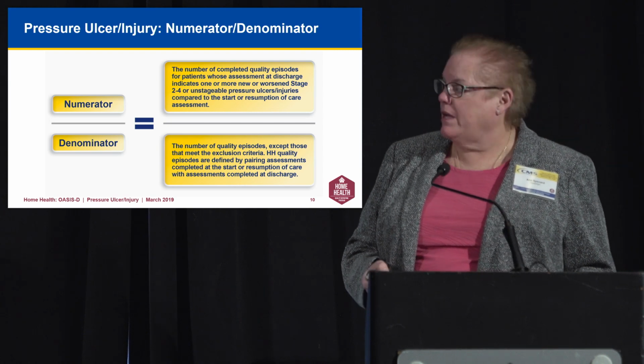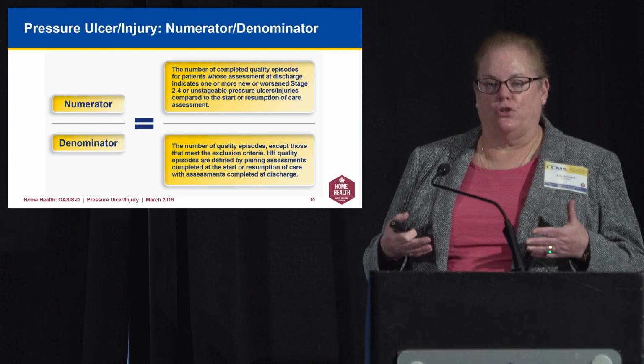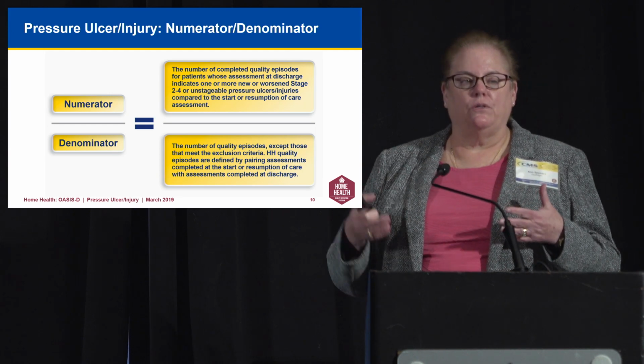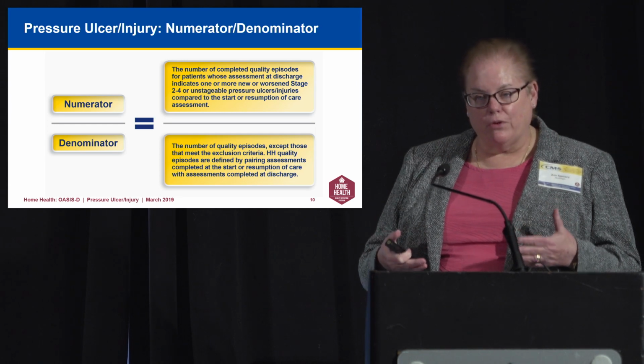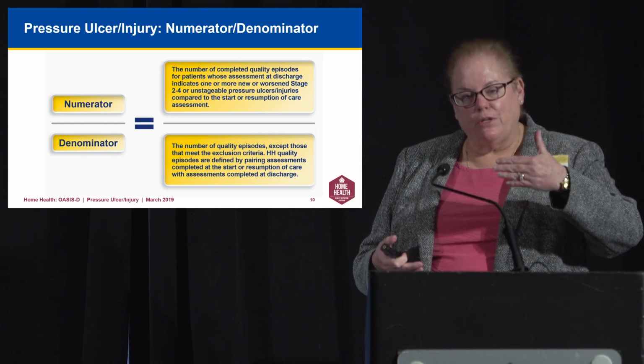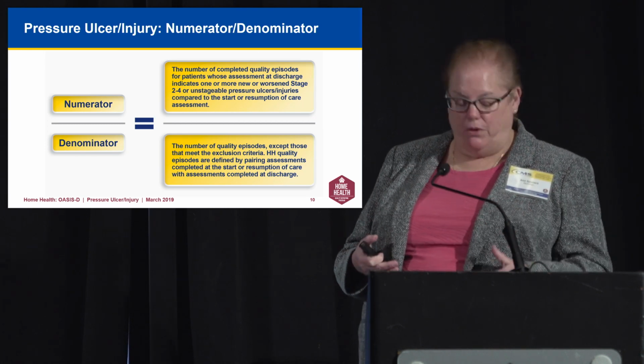So let's look at the definition, because I think it's really important to understand what feeds a measure. Because if you're looking to use the data to drive quality, which we hope you are, you need to clearly understand what gets put in the numerator and what is the denominator, and what are the exclusions, and we're going to go through that.